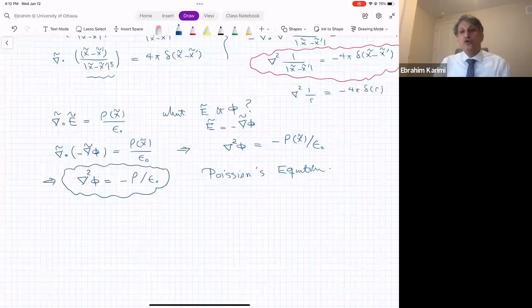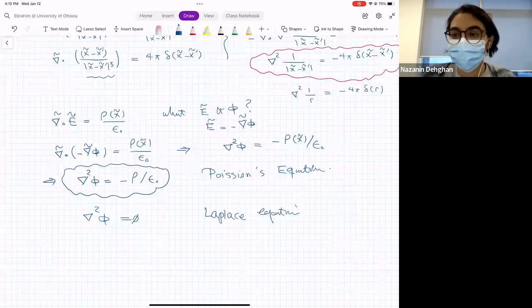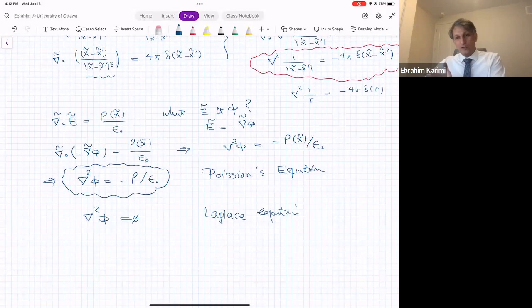And when there are no free charges there, then the Poisson equation will be reduced to what? The Laplace equation. Wonderful. So either we deal with the charge and boundary condition, or we only deal with the boundary condition and the Laplace equation.